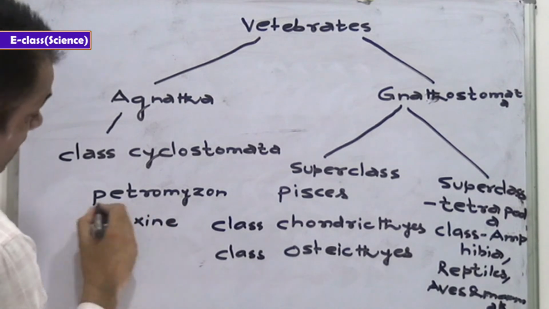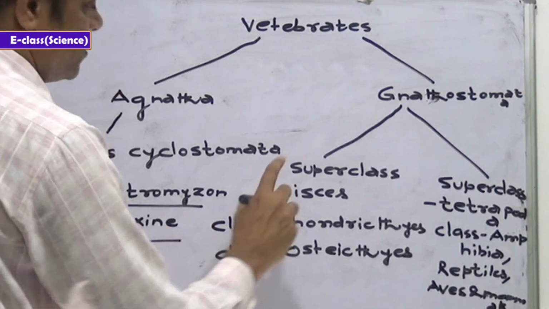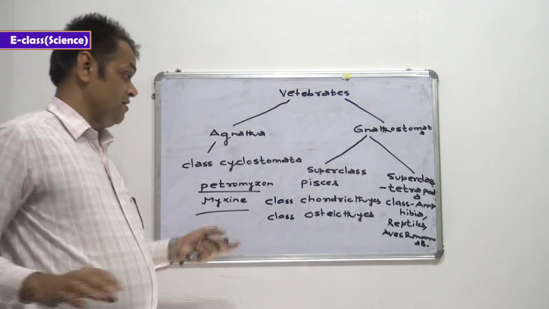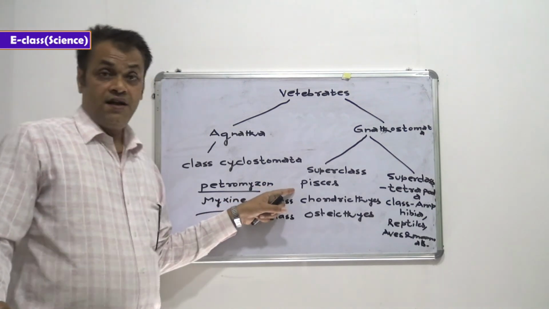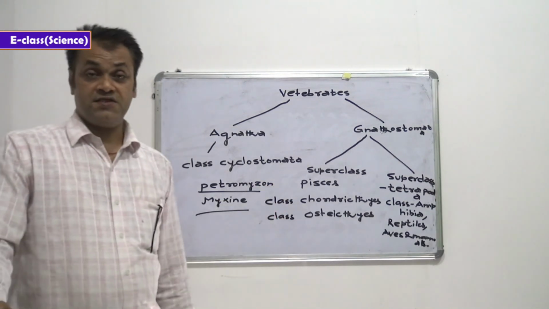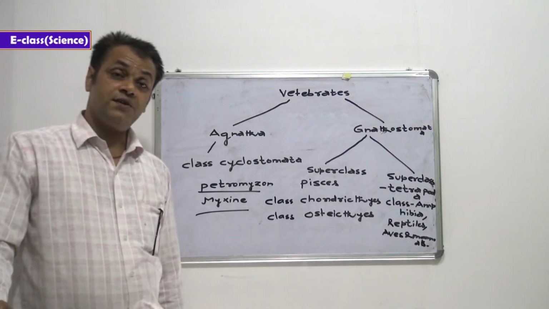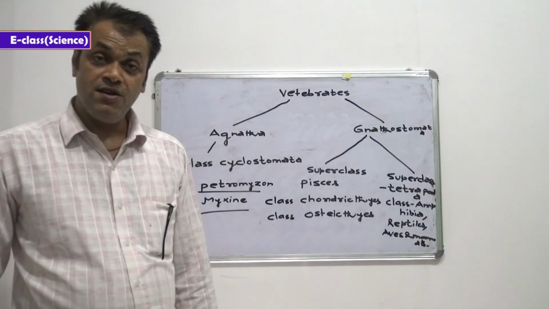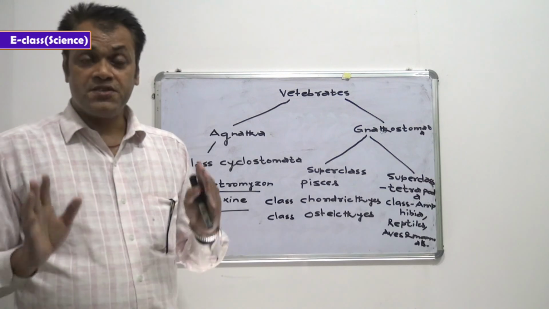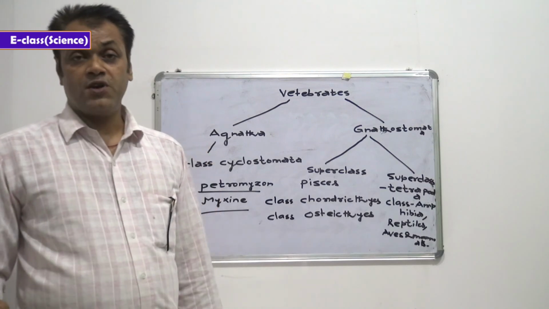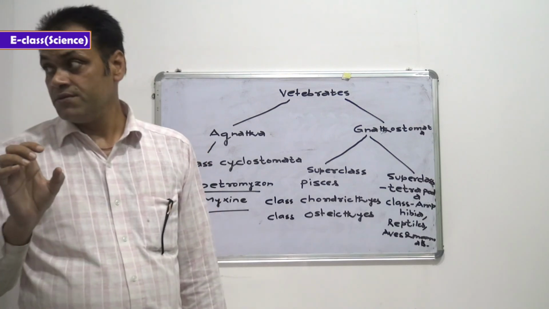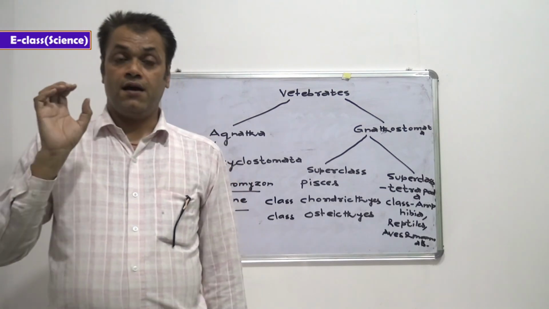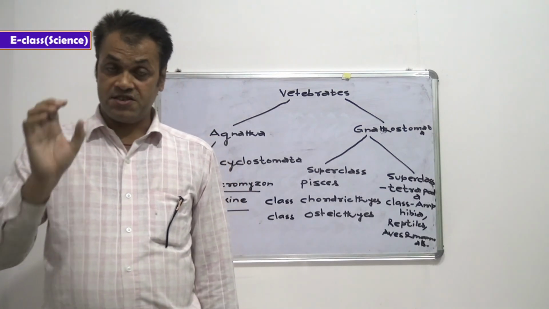Now I am going to proceed to Pisces as a superclass. In Pisces, their body is streamlined. What is the reason behind this? Why do all Pisces have a streamlined body? Actually, they have a streamlined body because they have to reduce the water resistance.